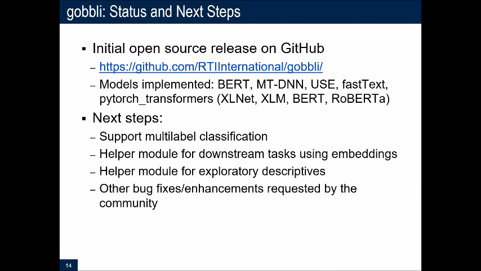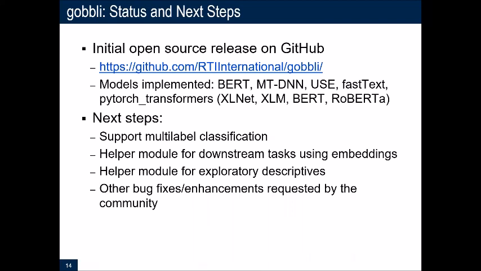So some things that we're looking to implement. Right now, we don't really support multi-label classification natively. It's just multi-class. So if you want multi-label, you have to train a bunch of 0-1, one versus rest models, basically. It would be nice if we could find a way to support multi-label. And we've kind of stepped towards using Gobbly as a framework for the full text classification workflow, including pre-processing like data augmentation and stuff like that.